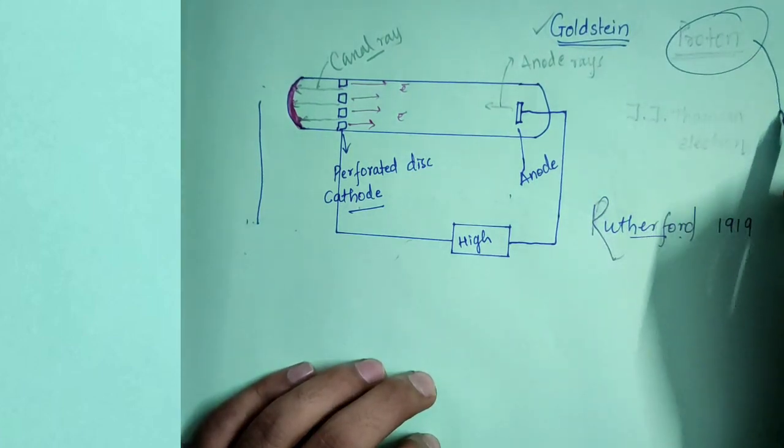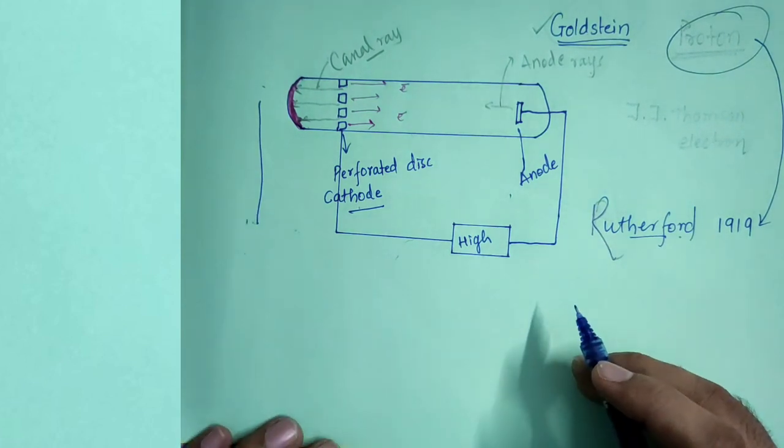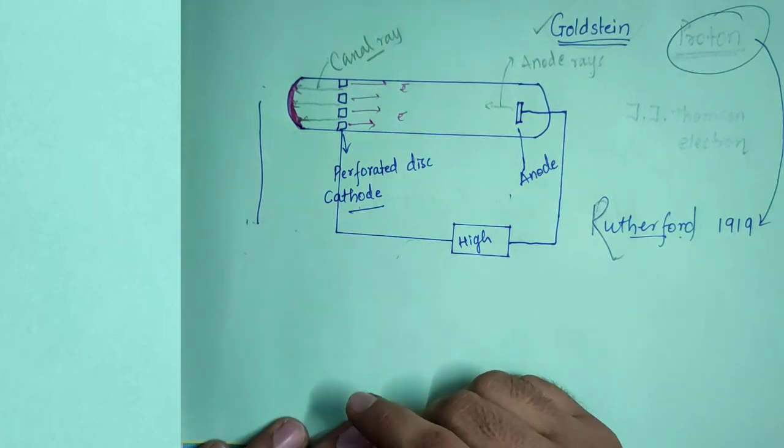The proton was discovered by Sir Rutherford. He did the gold leaf experiment, which we will see in our next lecture.